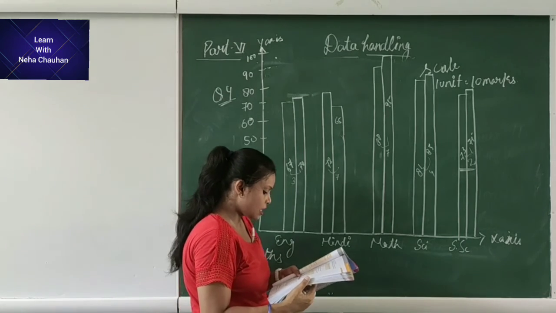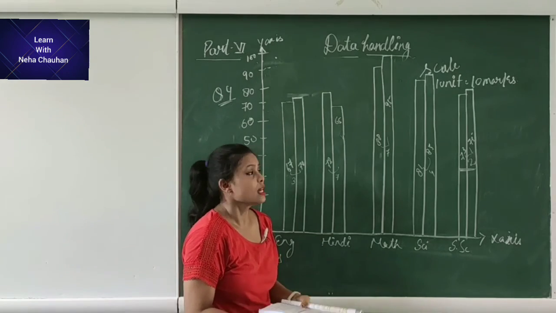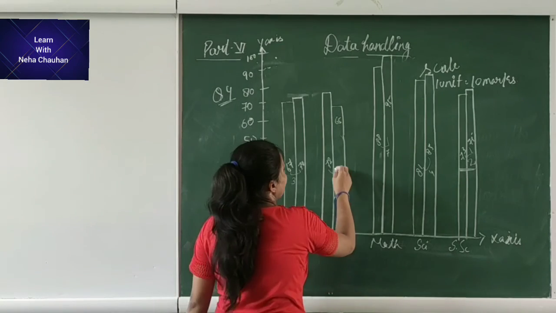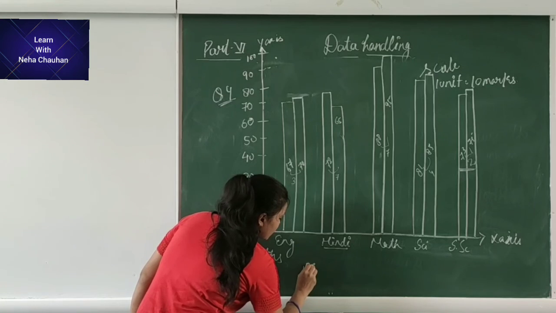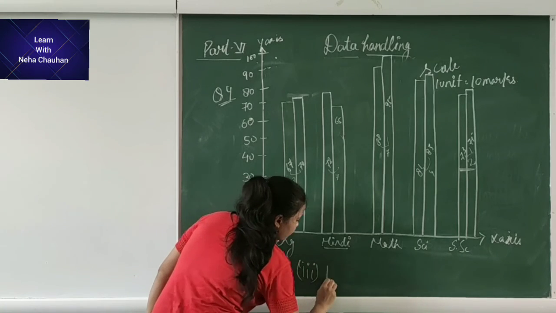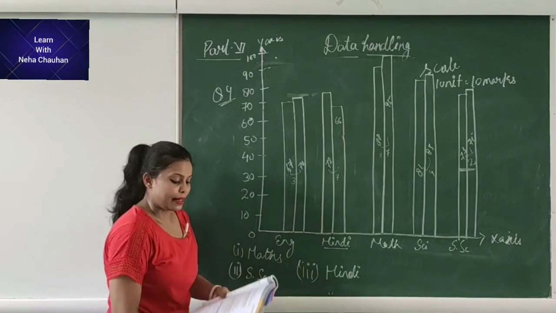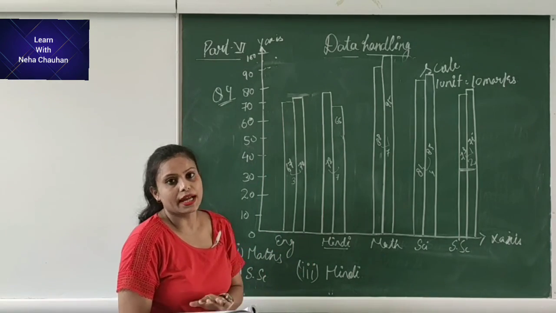Next is, has the performance gone down in any subject? Yes, there is a subject in which the performance has gone down, that is Hindi. So the answer to the third part is Hindi. Alright. The rest of the questions are based on this type of question. Try on your own.